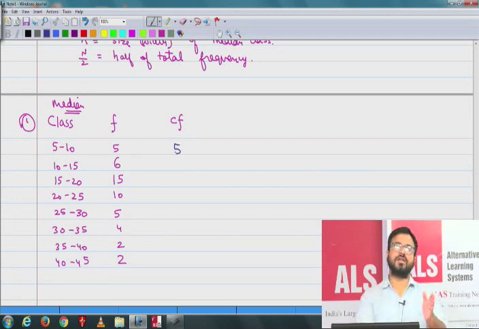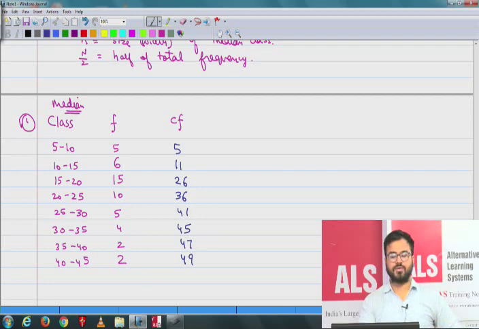Less than 15 means all the students up to 15, so 5 plus 6, that is 11. Less than 20 would be 11 plus 15, that is 26. 26 plus 10 is 36, plus 5 is 41, plus 4 is 45, plus 2 is 47, plus 2 is 49. So this is the cumulative frequency.